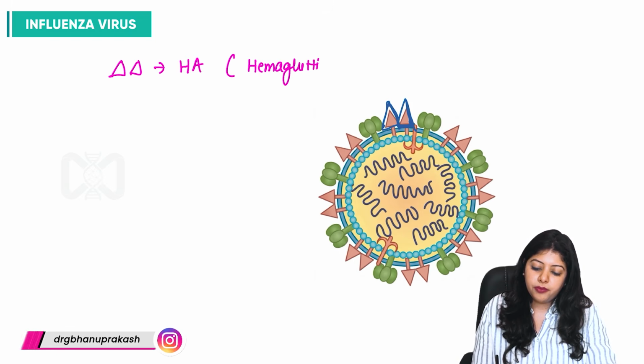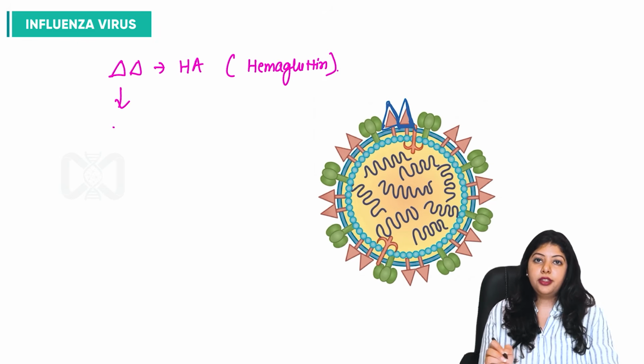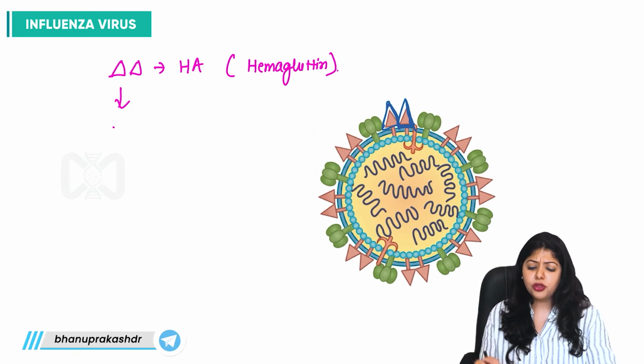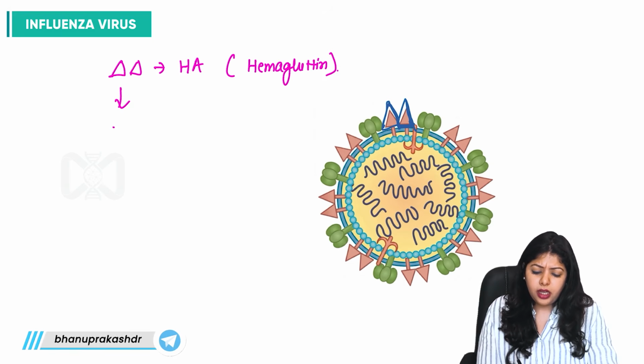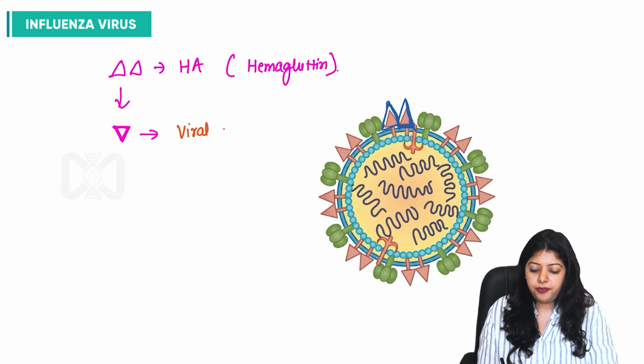Now, since it is triangular in structure, it somehow helps us identify that this is going to allow the viral entry. Triangular sharp structure, so this allows viral entry.